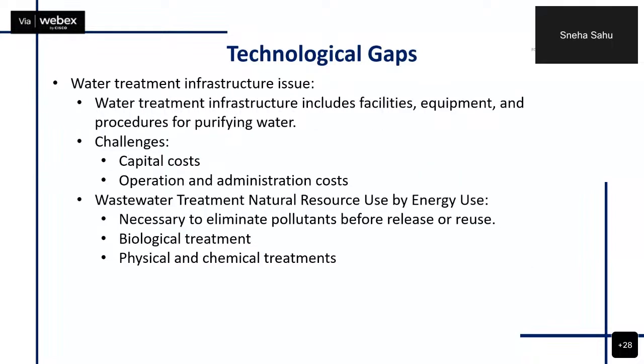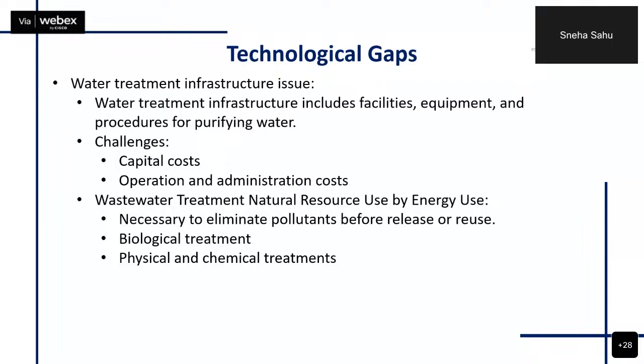Next is the water treatment infrastructure issue. The challenges are capital cost, such as construction of treatment facilities, installation of pumps, filters, disinfection systems, and system creating network, which require significant investment. Then operation and administration cost.